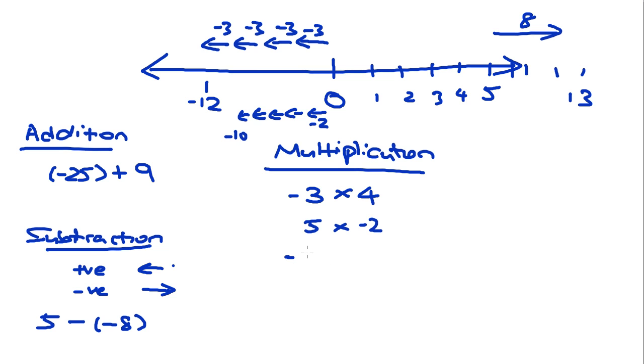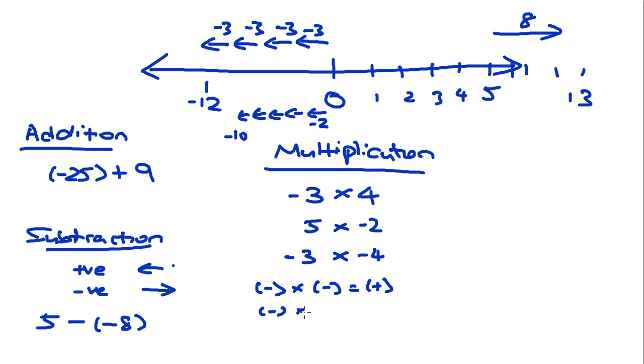So what if you have a negative number multiplied by a negative number? You have to remember, if you have a negative number multiplied by a negative number, you get a positive number.